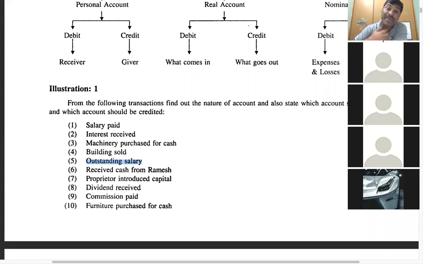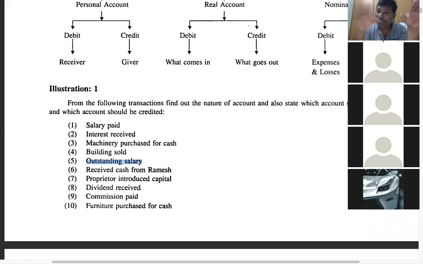So it is to be paid to the employees. There are so many people in the company, and you can't go on writing all those names. When it has become due and you are paying in cash, it is salary account debit to cash.